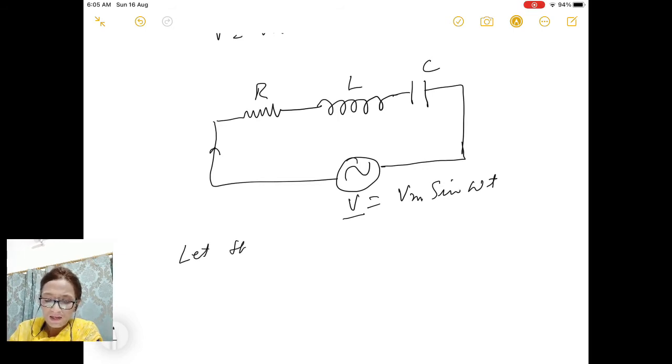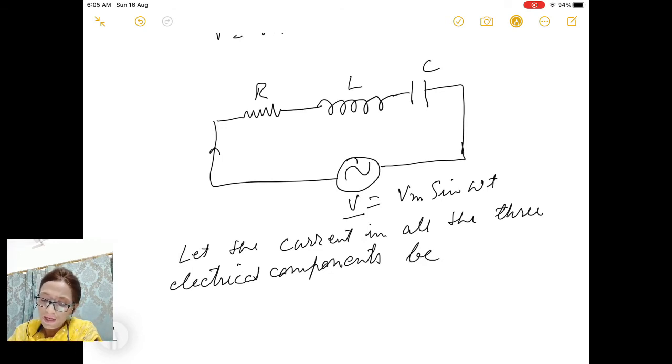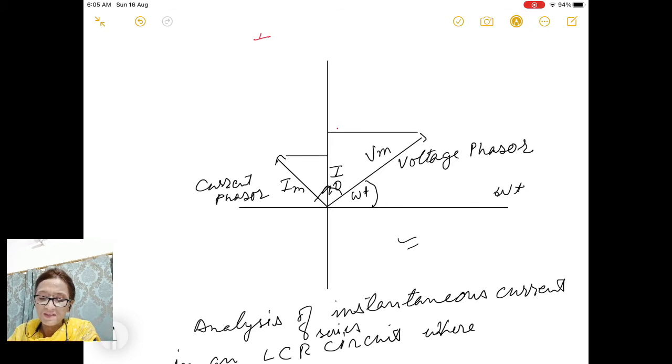So let the current in all the three electrical components be I equals Im, and obviously you have seen that in capacitive circuit there is phase difference in instantaneous current and instantaneous voltage.